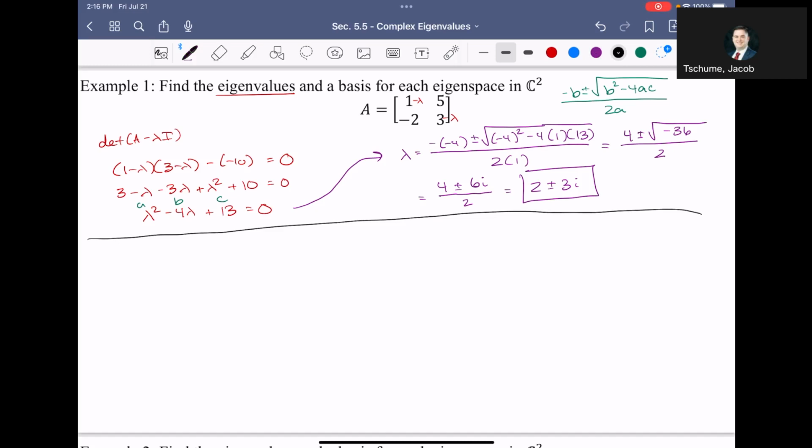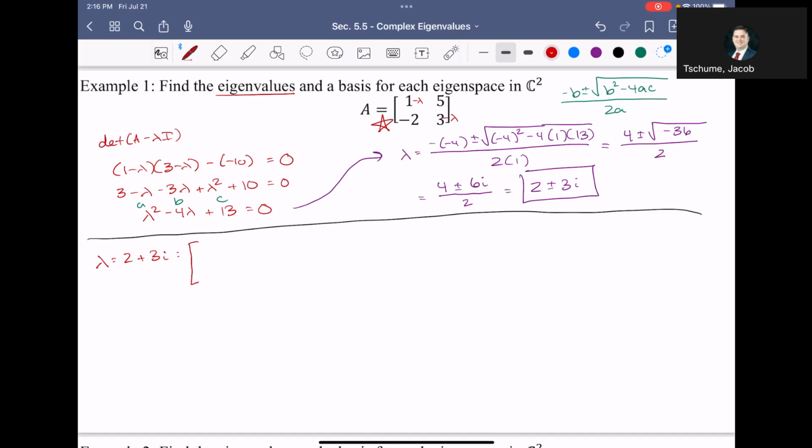All right. From here, you now have to find the basis of each eigenspace, and you've got to do one for each lambda. So beginning with our first one, and it doesn't matter which one we do first because we got to do them both. Let's do 2 plus 3i. So remember, when you set up a basis of an eigenspace, you go back to the original matrix that has the minus lambdas on it, and you're going to substitute the lambda into that and simplify.